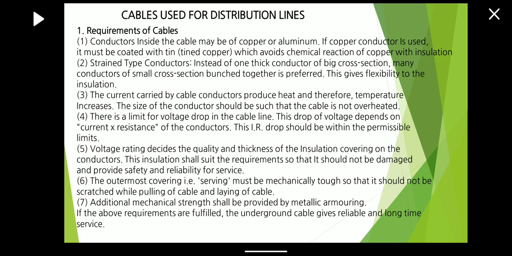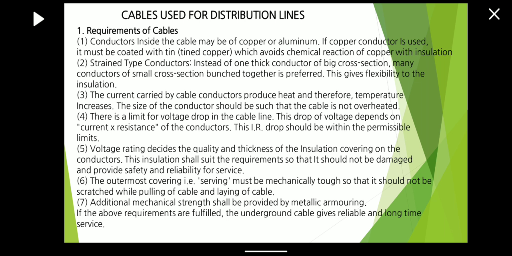Next is the outermost covering, also called serving. It must be mechanically tough so that it is not scratched while pulling the wire or cable along the line. Then additional mechanical strength shall be provided by metallic armoring.